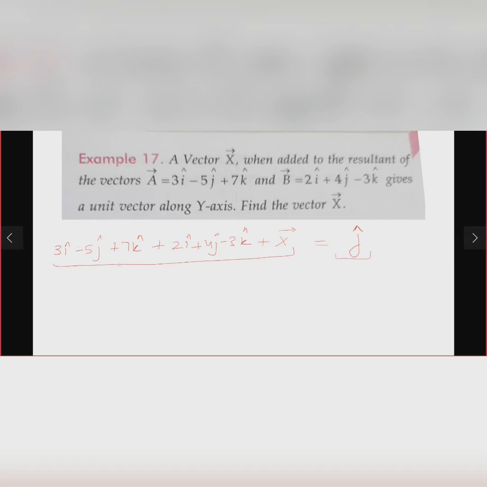So 5i hat minus j hat plus 4k hat plus vector x is equal to j hat. Transfer everything to the other side, and you get minus 5i hat plus 2j hat minus 4k hat. This is my vector x.